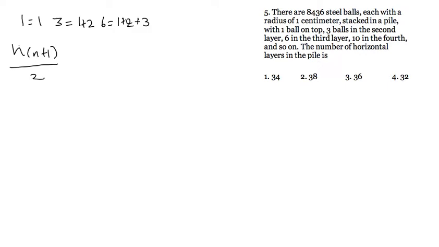And starting from layer 1, I have to find out how many layers there are, till layer n. So now I'm going to sum up this number. I'm going to sum up n square plus n, the whole by 2.